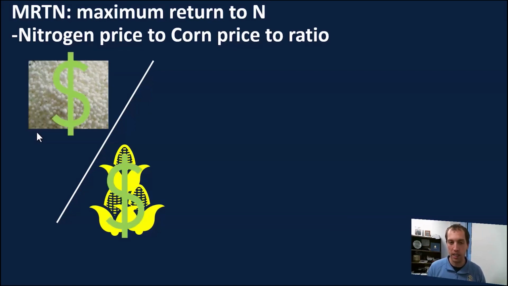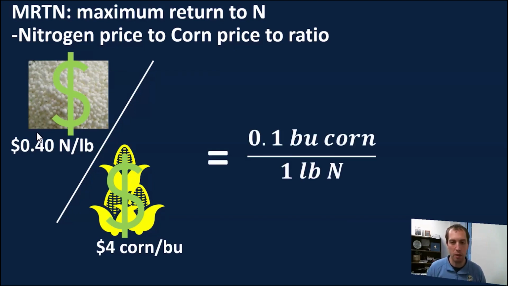We're going to look at the price of the urea, we're going to look at the price of the corn or whatever nitrogen fertilizer we have. So traditionally, we're looking at 40% nitrogen, $4 corn. And what that equals is about 0.1 bushels of corn per pound of N.